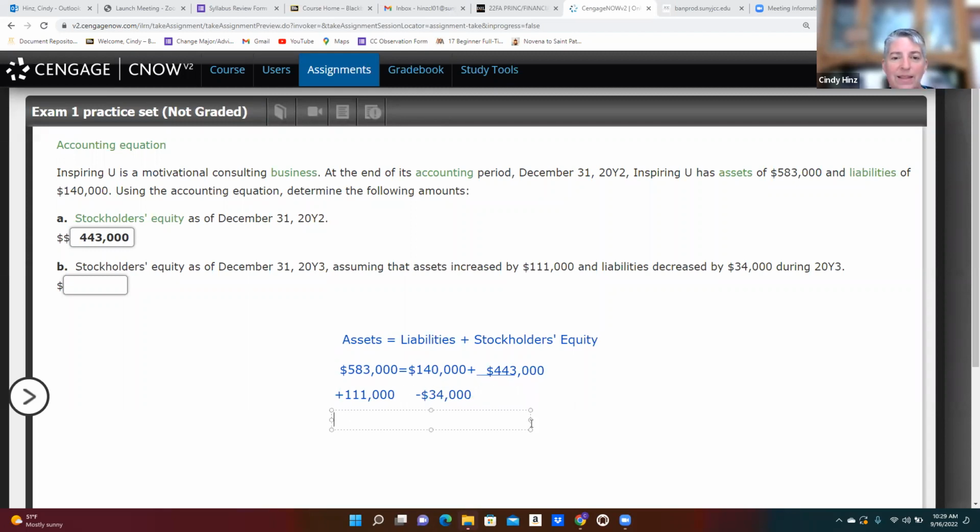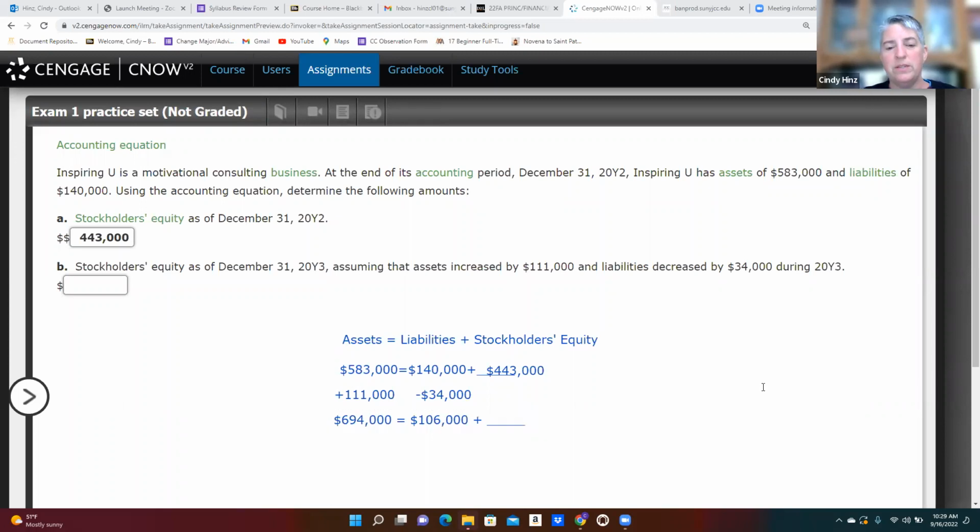So what do we have at the end of the year? If our assets went up from 583 by 111, our assets at the end of that year would be $694,000. And if our liabilities were 140 and they went down by 34, that would leave us with $106,000 in liabilities.